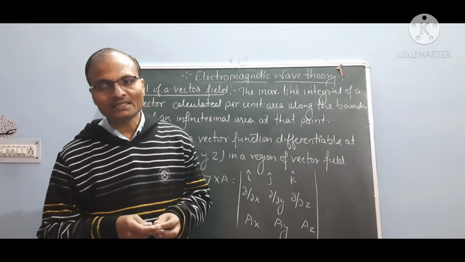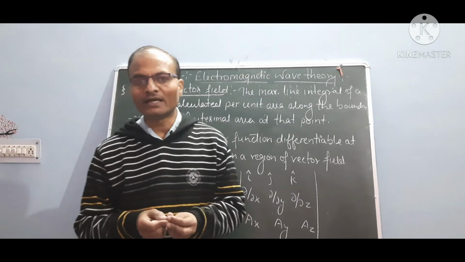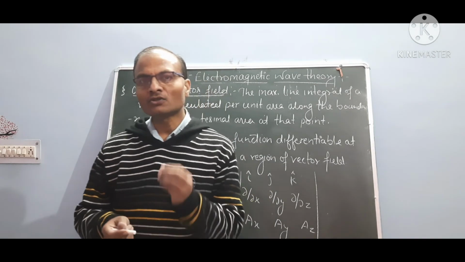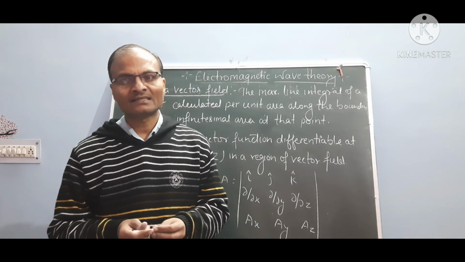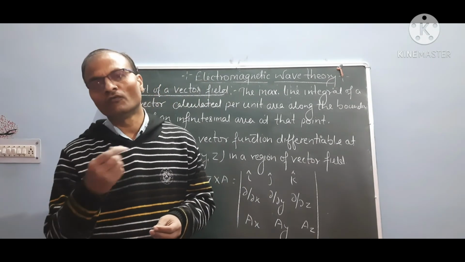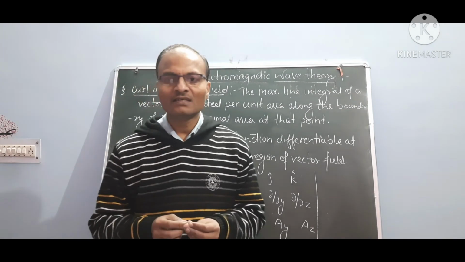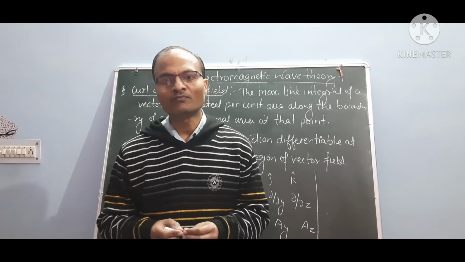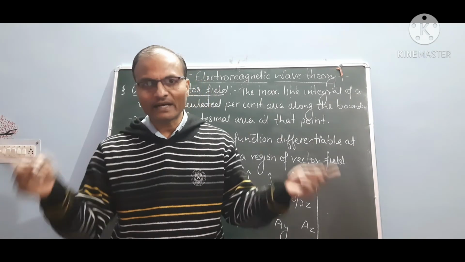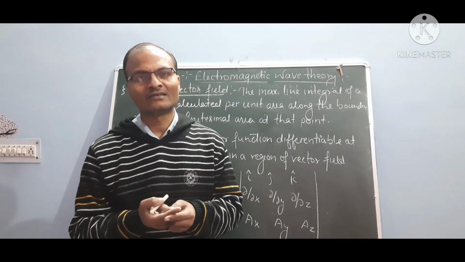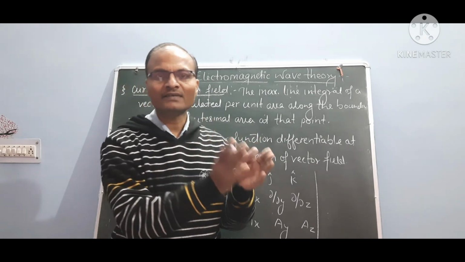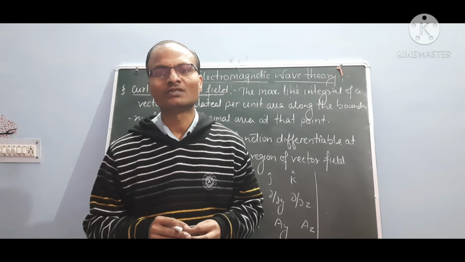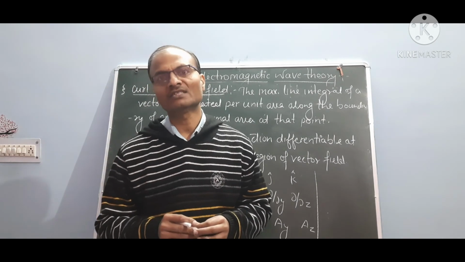The surface integral of the normal component of a vector A taken over a closed surface S is equal to the volume integral of the divergence of A taken over the volume V enclosed by surface S. So, surface area converts to volume. This is called Gauss divergence theorem.